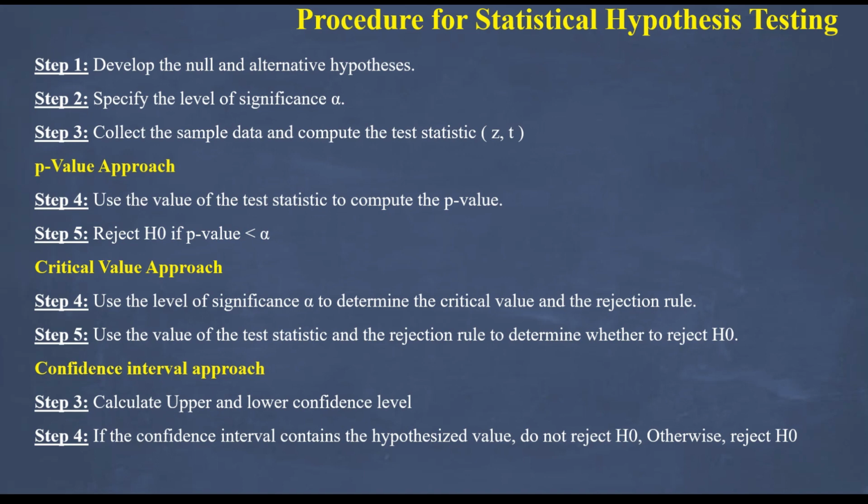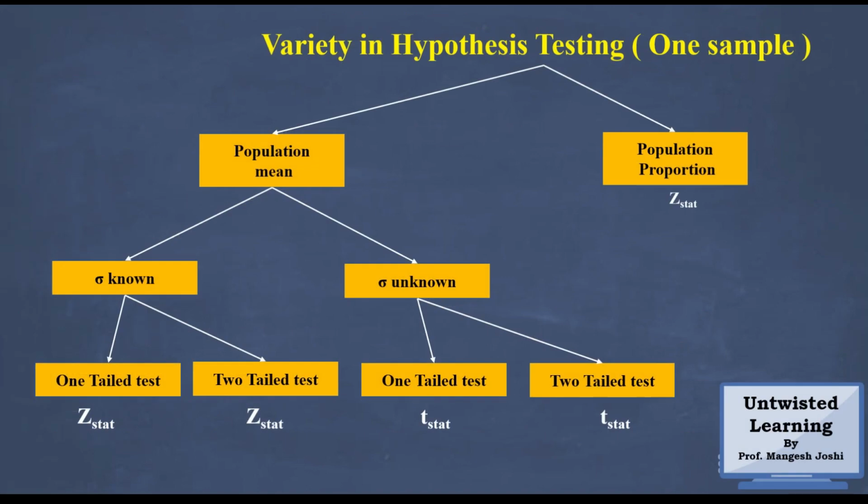You can use the p-value approach: use the value of the test statistic to compute the p-value, and reject H0 if the p-value is less than alpha. Then the critical value approach: use the level of significance alpha to determine the critical value and rejection rule. Similarly, we have already seen this. Let us go to the next slide.